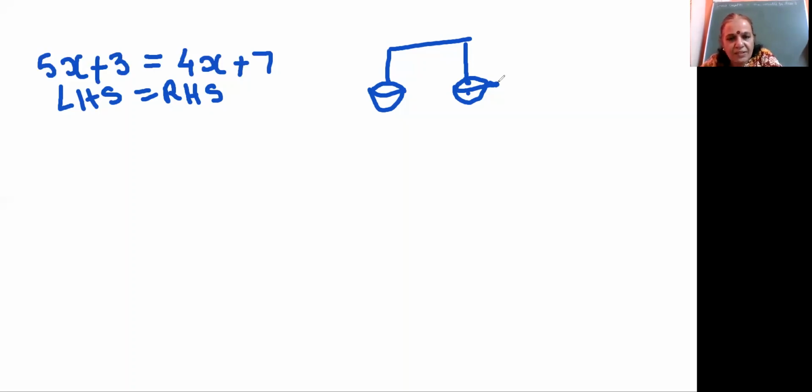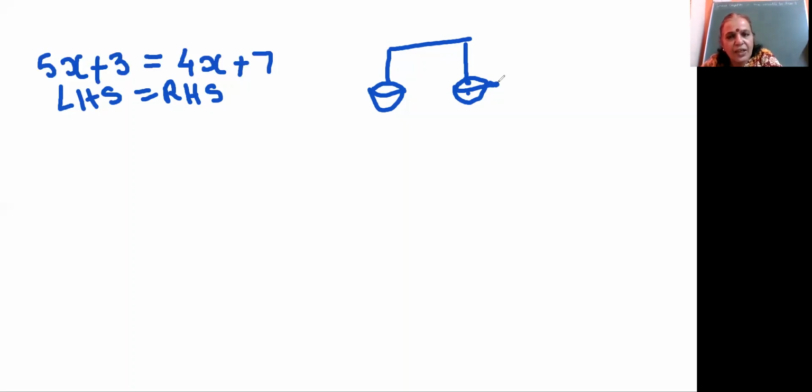And one more method is there, and that is the balancing method, balancing the equation by adding the same numbers to both sides of the equation until you get left hand side equal to right hand side, and then find the value of x.